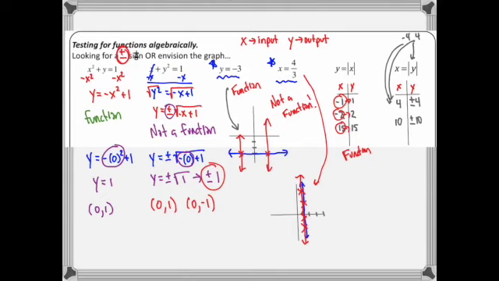Whereas for this one, I just have to find one case where it does not work. I have 2 answers, and so this is not a function. Okay, so those are some examples of how we determine algebraically whether or not it's a function. And let's go ahead and take a look at some other stuff.